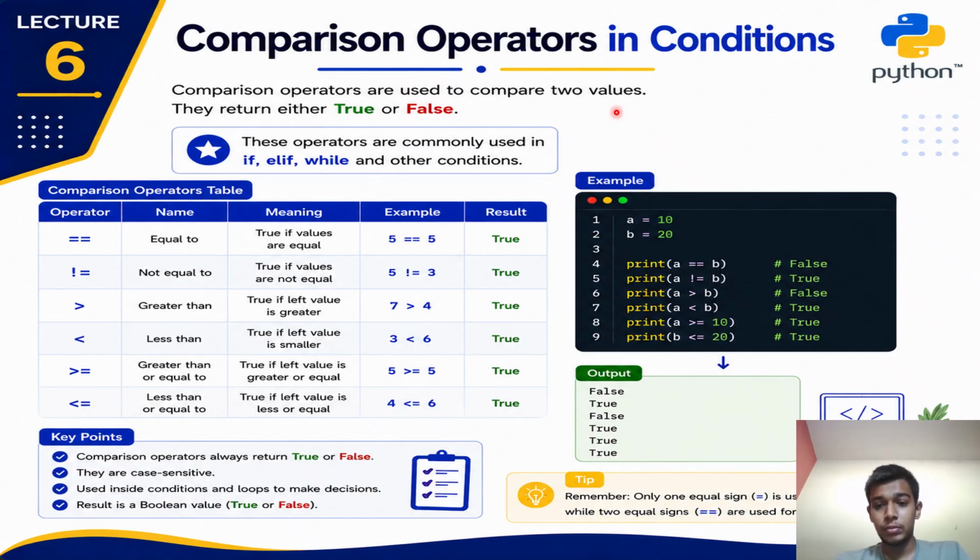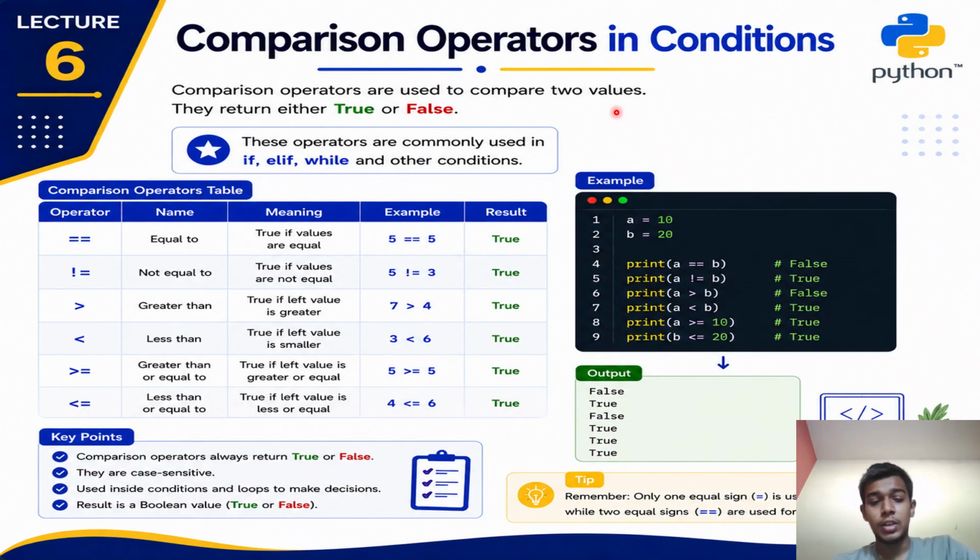If the comparison is correct, Python returns true, otherwise it returns false. Now, these statements are very important because they are commonly used inside if statements, elif statements, while loops, and many other decision-making situations. Now, let's look at each comparison operator one by one.